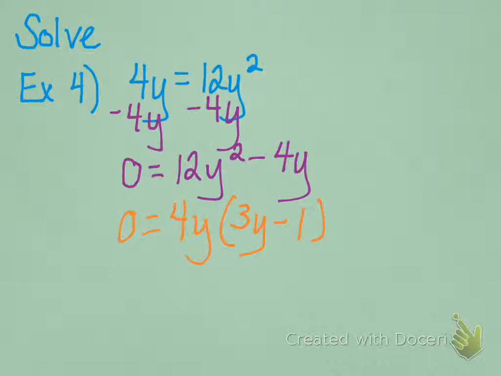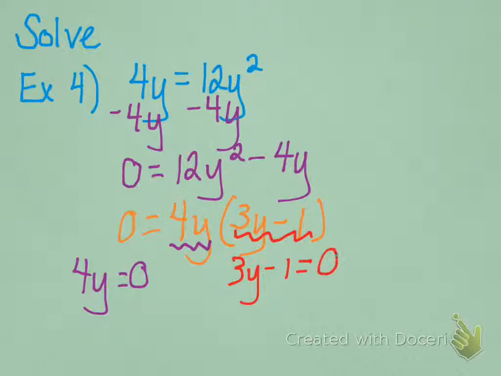Once you have it factored, this is where you're going to split it up and set each part equal to 0. So you're going to take this outside part, 4y, equals 0. Then you're going to take your inside part, 3y minus 1, and set that equal to 0. Just like in the last example, you have to solve each equation.